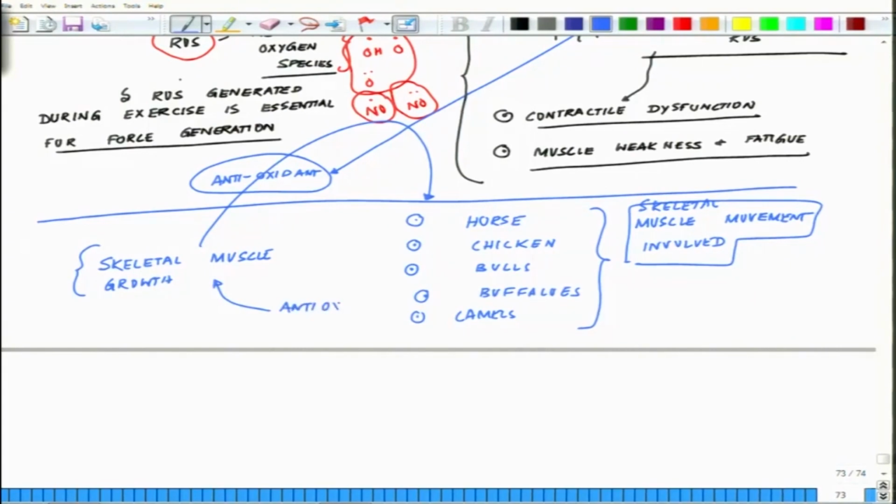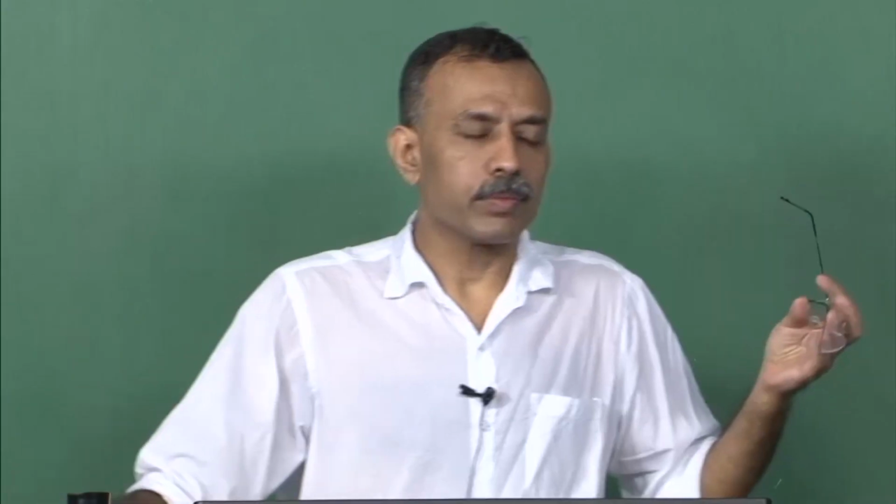The reason being, whether they are doing mild exercise, mostly they do heavy exercise most of the time, moving around, they will be generating a lot of reactive oxygen species.